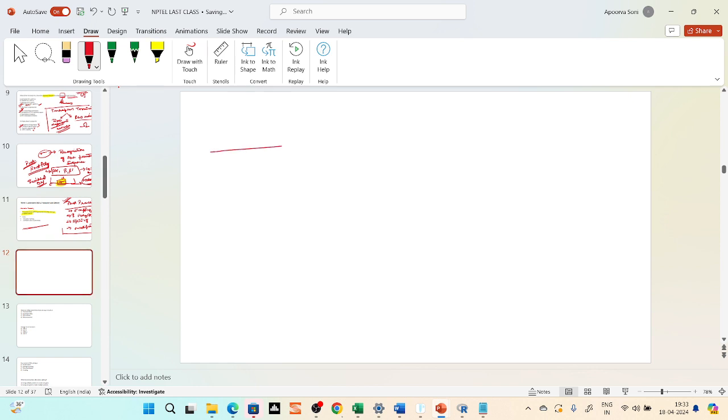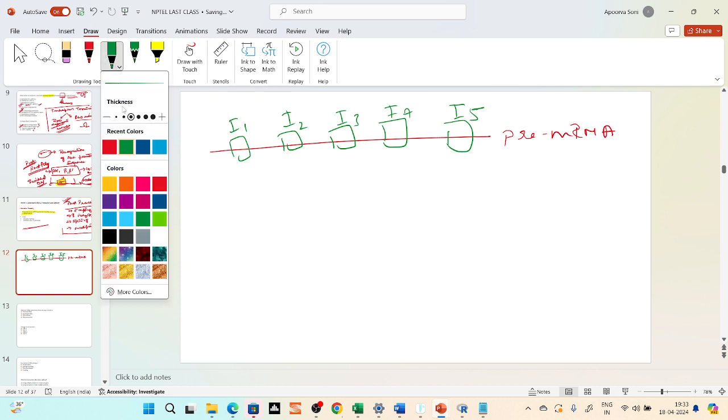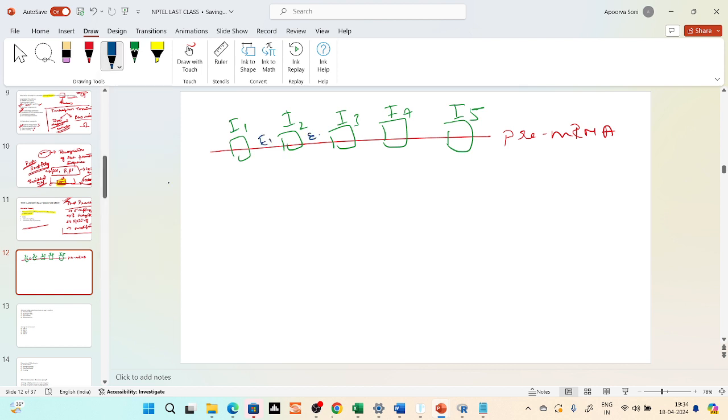If this is your pre-mRNA, with intron 1, intron 2, intron 3, intron 4, and intron 5, that means this is your exon 1, exon 2, exon 3, exon 4, and this is exon 5. Okay, we'll just consider this much.